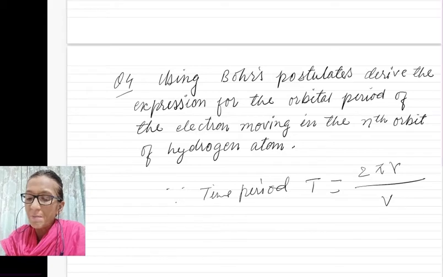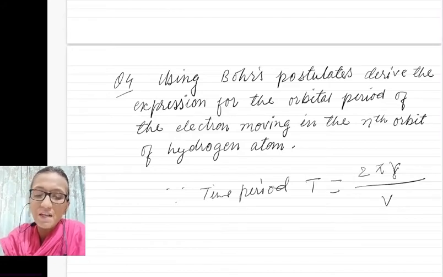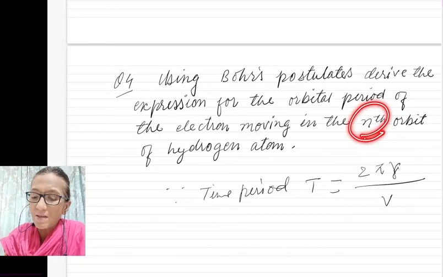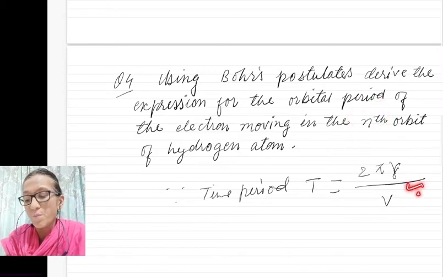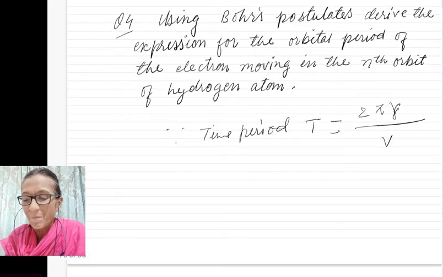So here we will be putting the value of radius and velocity to find the relationship between time and this number of shell, principal quantum number. Here we have to produce n on the right hand side, and then we have to find a relationship between T and n.